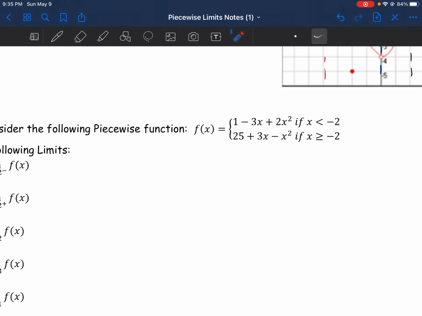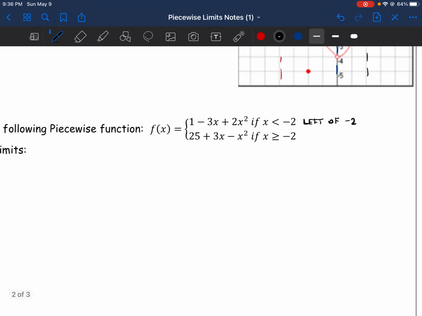It says f of x is equal to 1 minus 3x plus 2x squared if x is strictly less than -2. So if x is less than -2, then x is to the left of -2. However, when x is greater than or equal to -2, then the function instead is 25 plus 3x minus x squared.